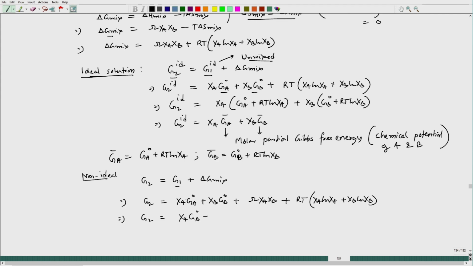XA GA naught plus XB GB naught plus, this term we can multiply with 1, and that 1 can be written as XA plus XB, because XA plus XB is nothing but 1 in the solution. So then I can write omega XA XB (XA plus XB) plus RT (XA ln XA plus XB ln XB).